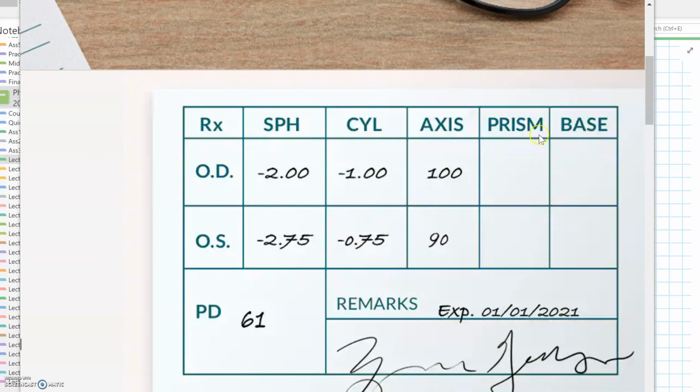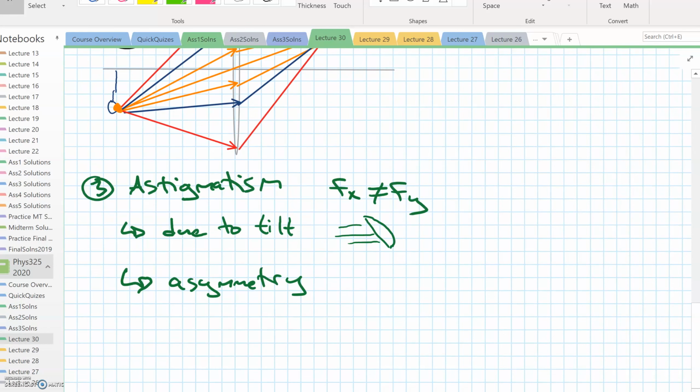So let's look at what that would actually look like if we had a beam that was going through an astigmatic imaging system. So we'd have a lens here. Our beam would be perfectly symmetric.